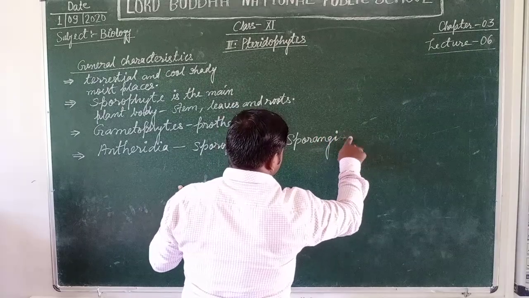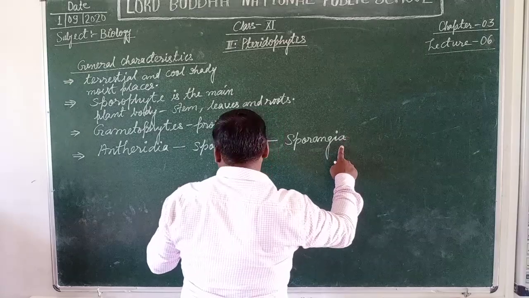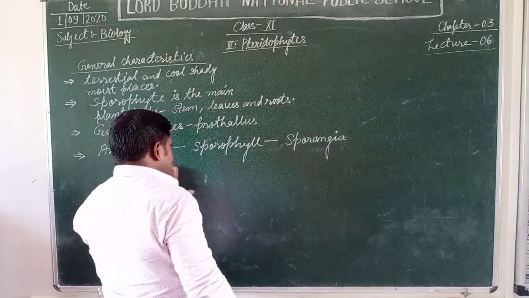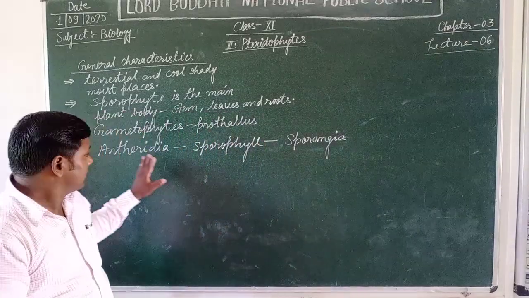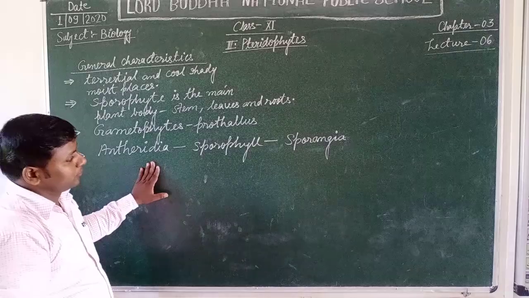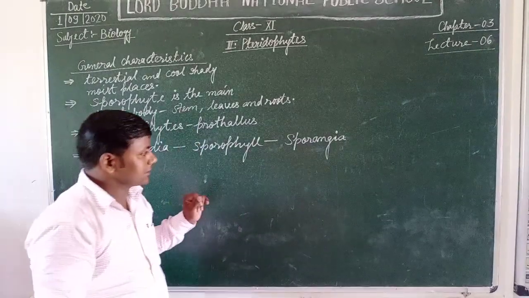In the sporangia, many antheridia are present. These are generally smaller in shape and size.